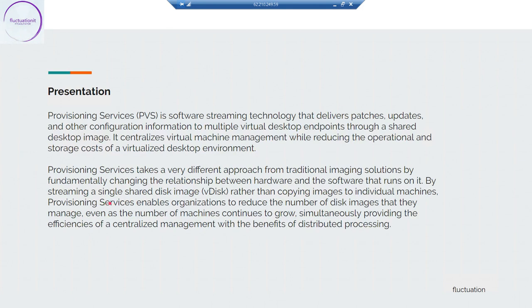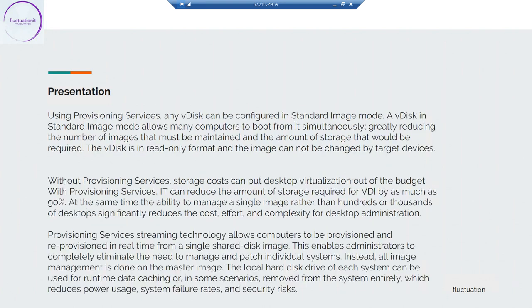So really, PVS enables organizations to reduce the number of disk images that they manage, even as the number of machines continues to grow, while providing the efficiency of centralized management with the benefits of distributed processing. The real point of PVS is that you separate the hard disk that normally sits in your VM or physical laptop or desktop, and you use only a vDisk.